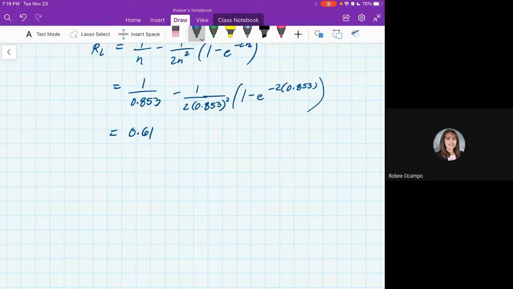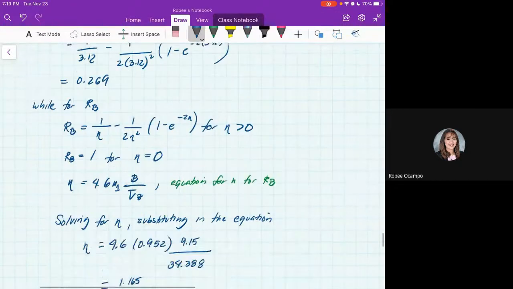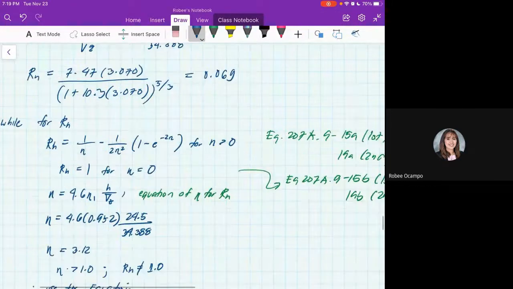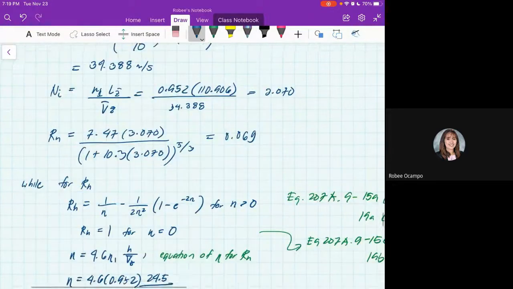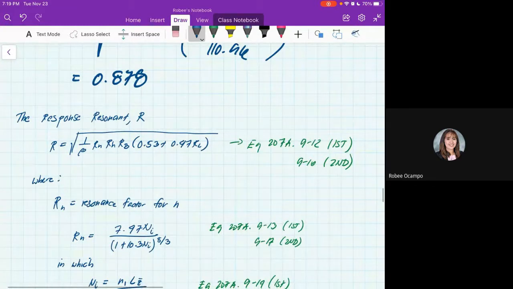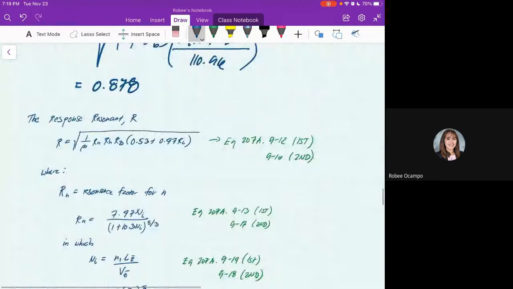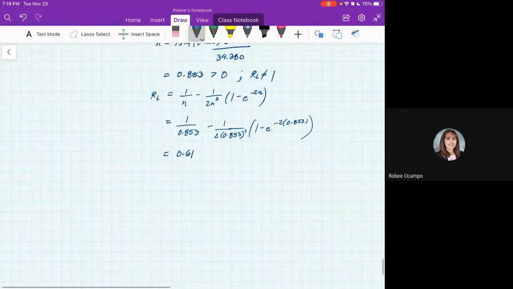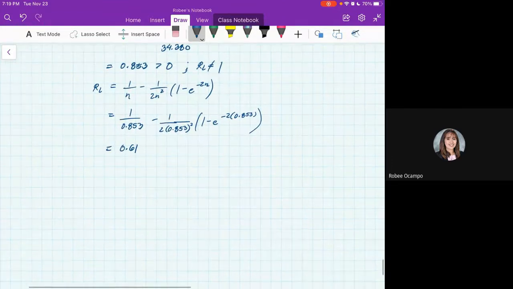So, nakuha na natin lahat ng variables or values ng ating each variable para sa formula ng ating R. Again, our R or the resonant response is R equal to this equation. So rewrite na lang natin. Now solving.